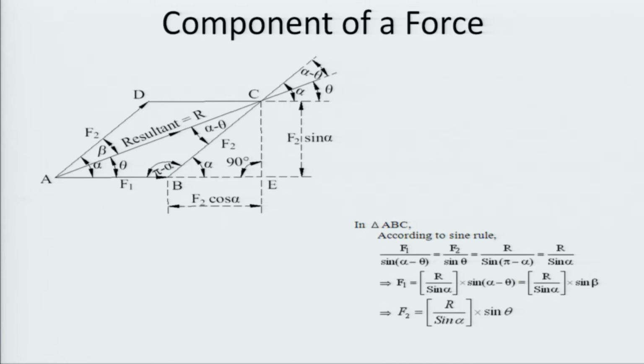calculated the resultant of forces F1 and F2 acting at a point with the help of the parallelogram rule and the triangle rule. In this diagram, graphically, F1 and F2 are represented by a parallelogram, and this is the resultant.